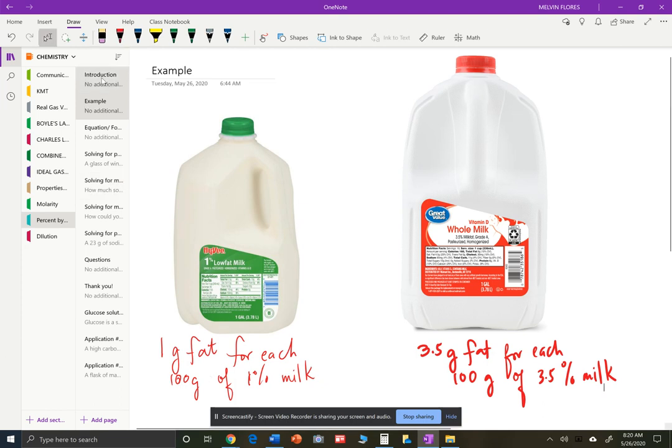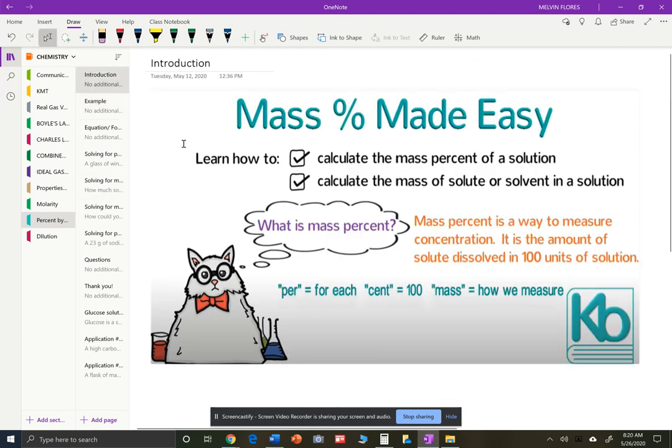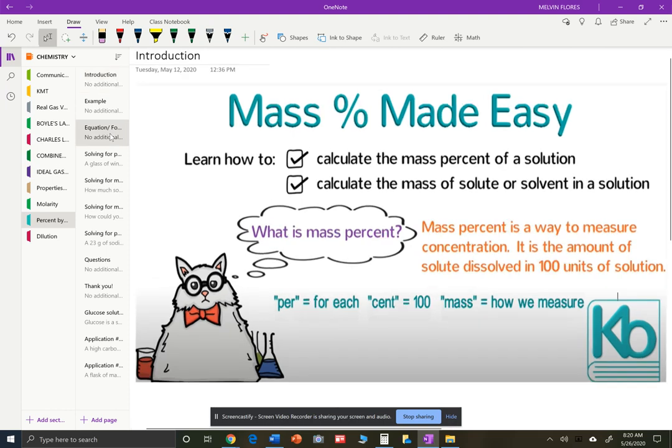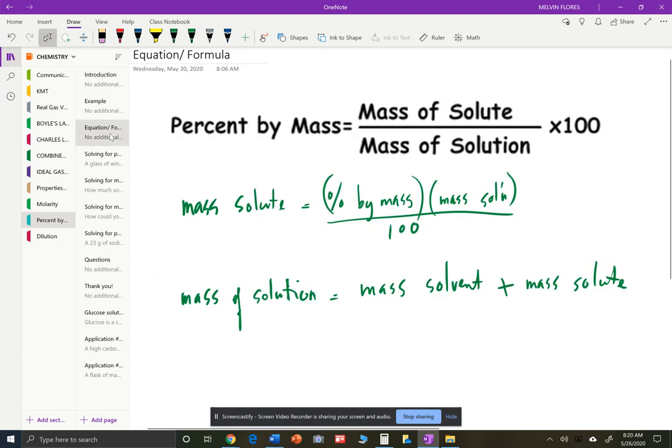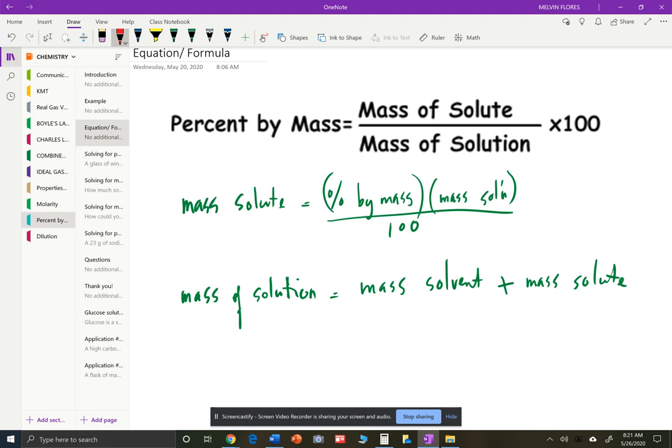Okay, so how do we calculate the mass percent of a solution? Let's take a look at these equations right here. Percent by mass is calculated by dividing the mass of the solute by the mass of solution, then multiplying by 100. If we calculate for the mass of solute, that is equal to the percent by mass times the mass of the solution, divided by 100 so that you cancel the percent.